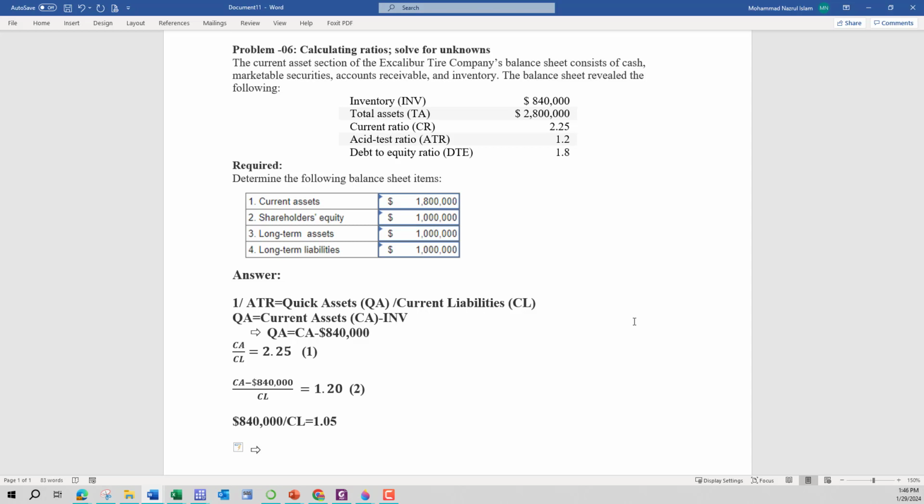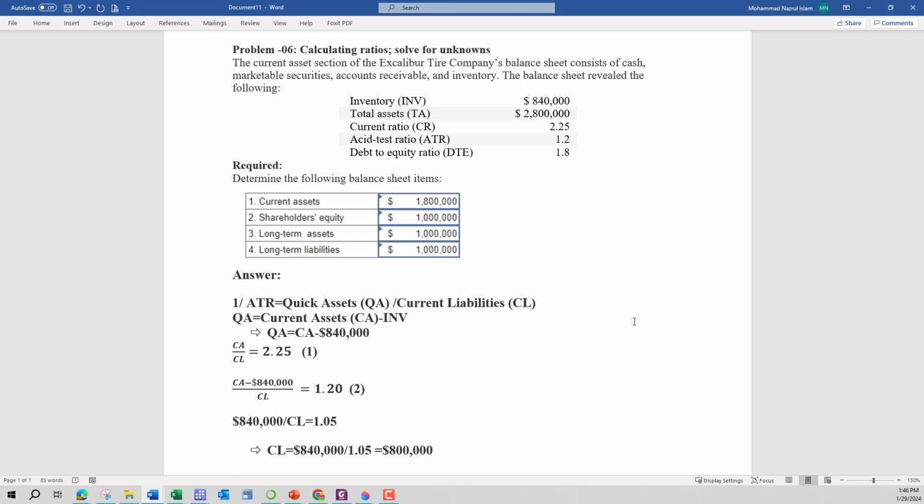So it means that current liabilities is equal to 840 divided by 1.05, which is equal to 800, meaning current liabilities is 800.